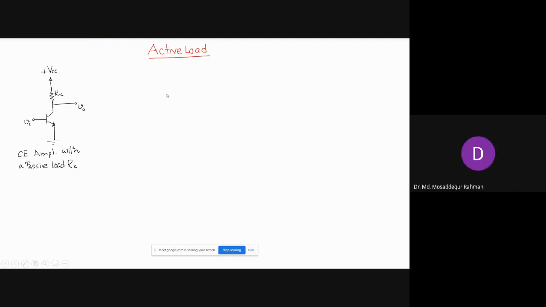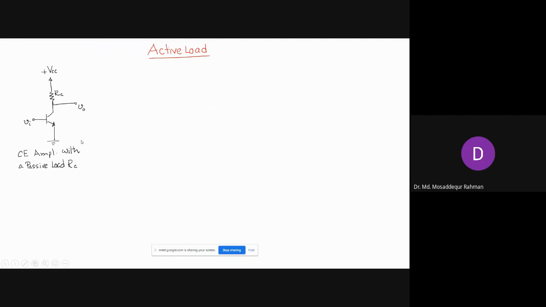So today's topic is active load. Load is something that we connect to the output of any circuit. Here we have the common emitter amplifier, and there's actually no load connected. When we do not have any load connected, then just RC works as the load resistance.